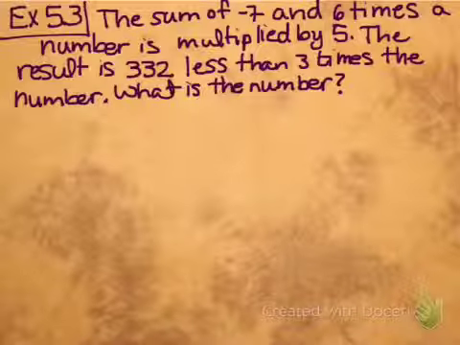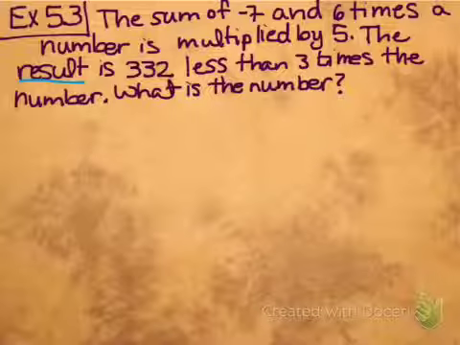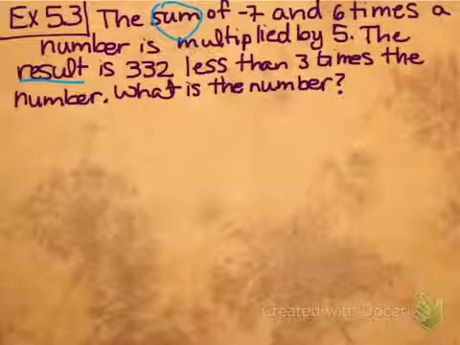Next example. The sum of negative 7 and 6 times a number is multiplied by 5. The result, so again, there's your result word, is 332 less than 3 times the number. What is the number? So the first thing I look at is it says the sum. So that means we're going to be dealing with a plus sign.